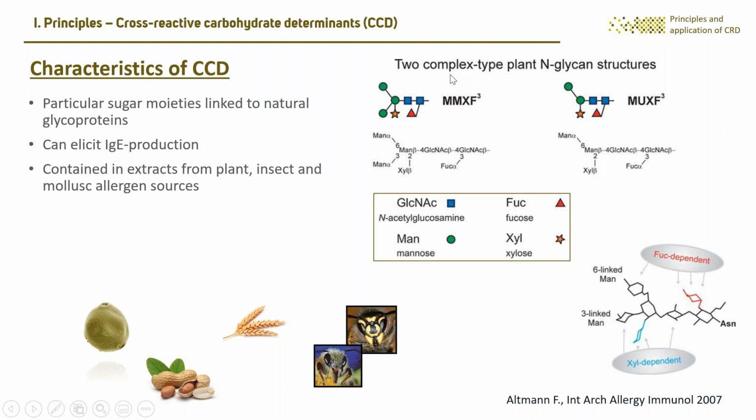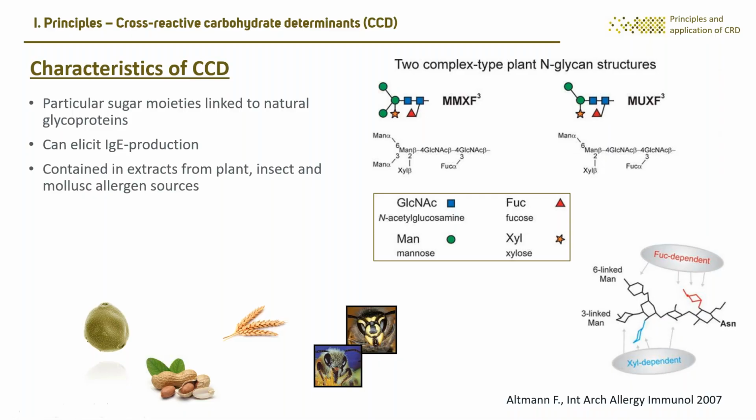But luckily, only two patterns are common to CCDs, and this is shown schematically here. It is a monosaccharide named xylose and another one named fucose. And these two sugars, when attached in a particular way to this polysaccharide core, can represent IgE epitopes. This is shown here on the bottom right. This here on top is a fucose-dependent IgE epitope, and here on the bottom, this is a xylose-dependent IgE epitope.